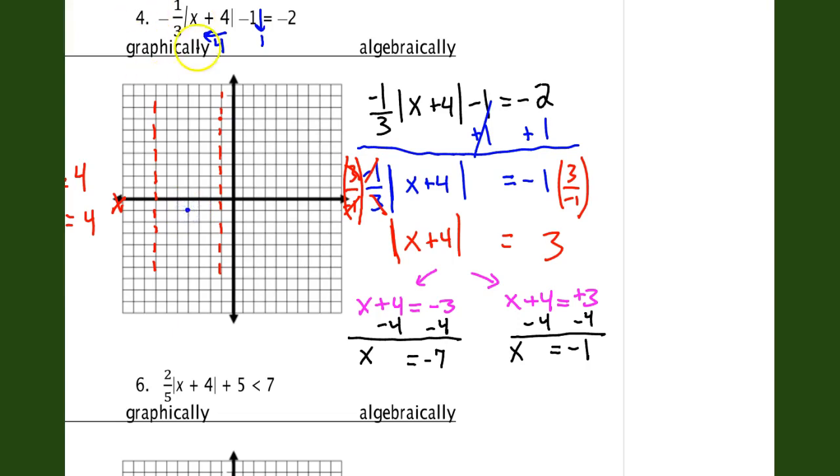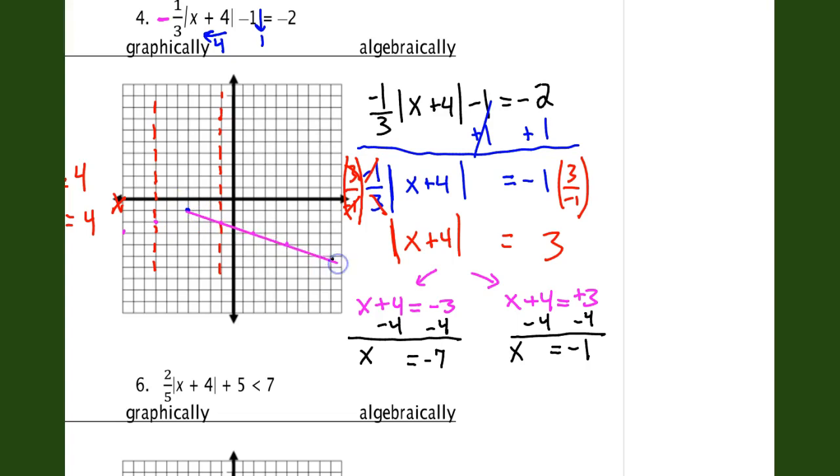Now the slope here is negative, meaning it's going to open down. So I want to go down 1 over 3. So down 1 over 3. Do that a few times. Down 1 over 3. You can already see where these are going to intersect probably.